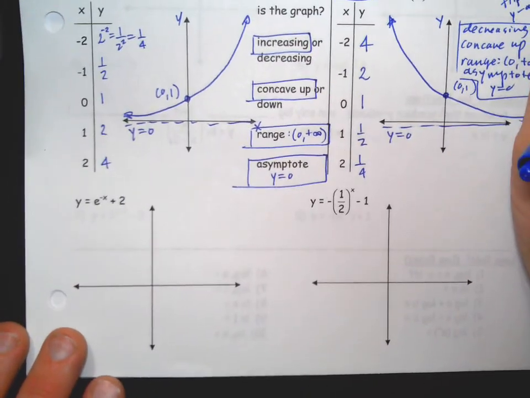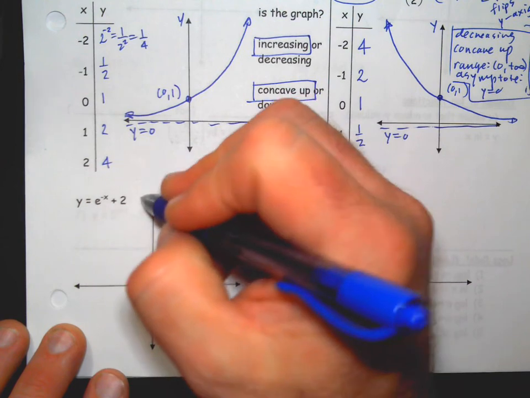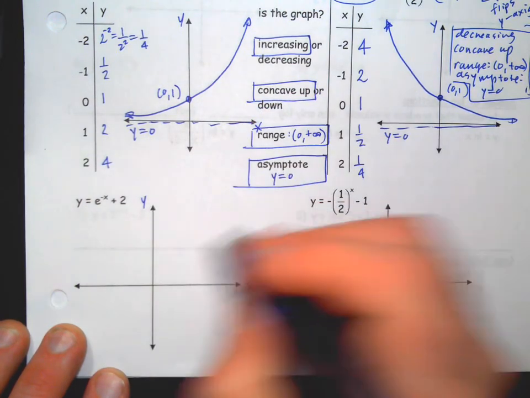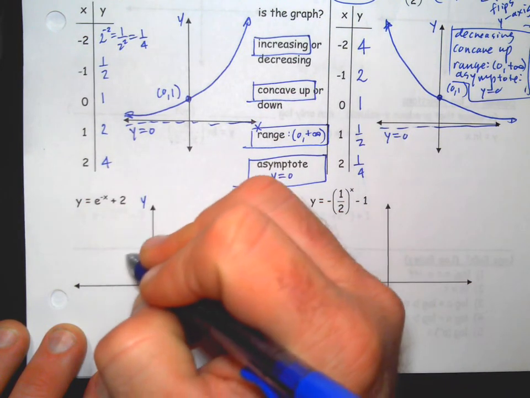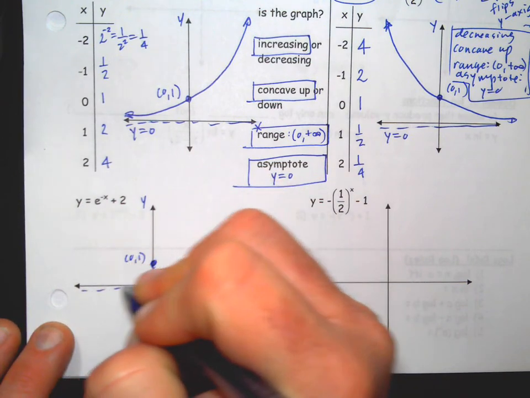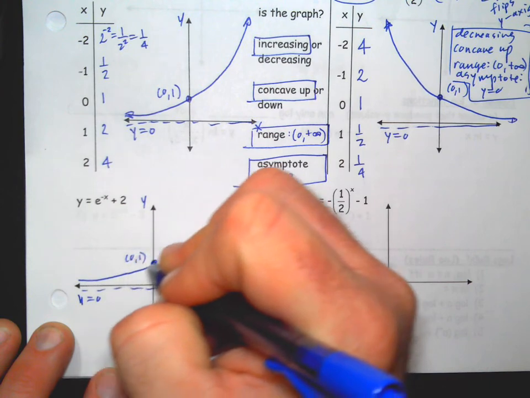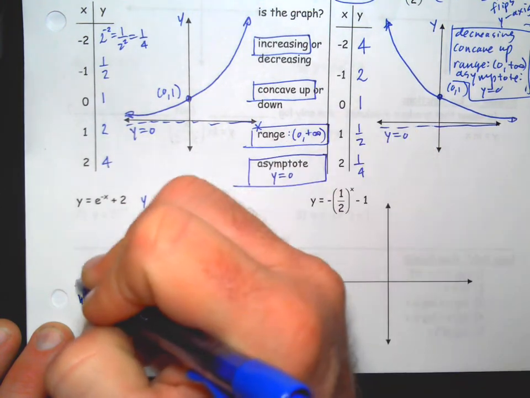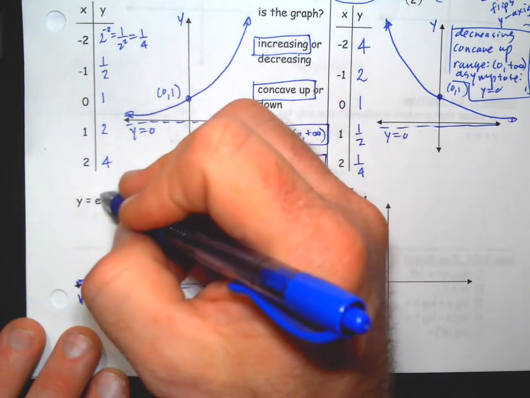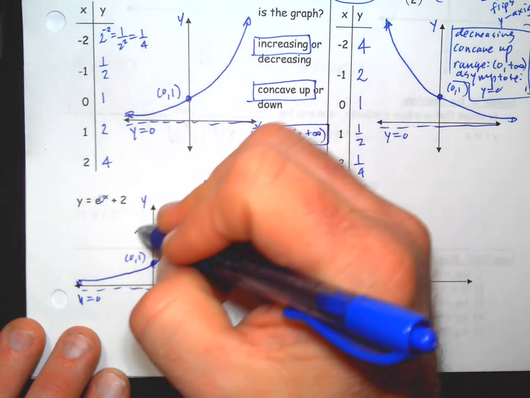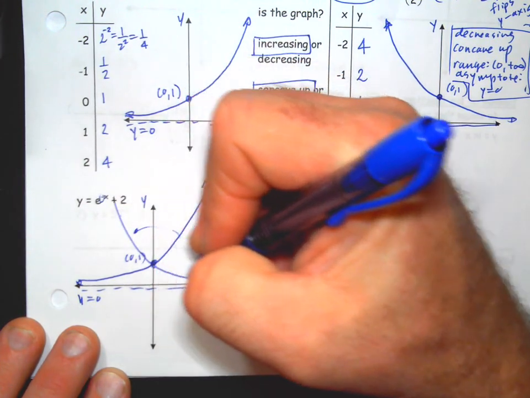So here's a couple quick examples. This is the way I want you guys to graph these functions. Start with the parent function. It goes through (0, 1), has an asymptote of y=0, and it looks like this. Now the negative, we want to work from the inside out, flips it across the y-axis, and now it looks like this.